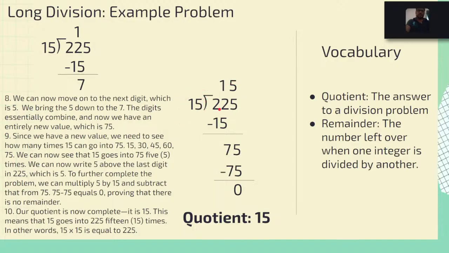These numbers are interchangeable, in other words. And remember the remainder. This number 0 tells us that there is no remainder. 0 is no value, so there's no remainder. This means that 15 goes into 225 evenly 15 times.